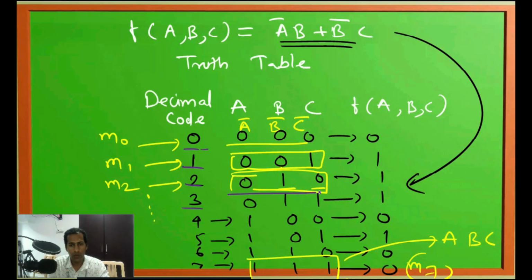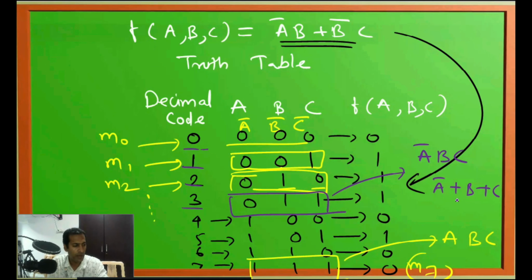Say this is row 4. In this we have A bar B C. If we write it in the OR form, it will be A bar plus B plus C. This means wherever A bar is 0, B is 0 and C is 0, this term becomes 0, and being a term in a product, the function assumes the value 0.